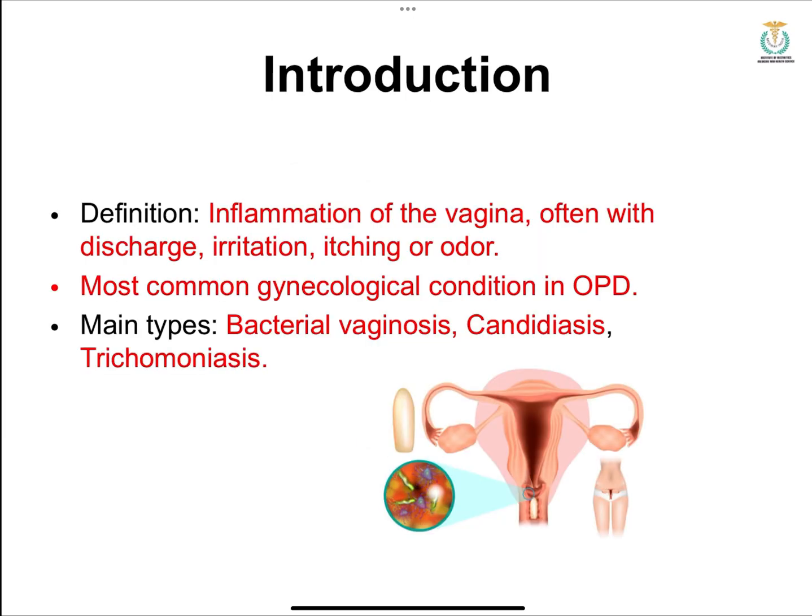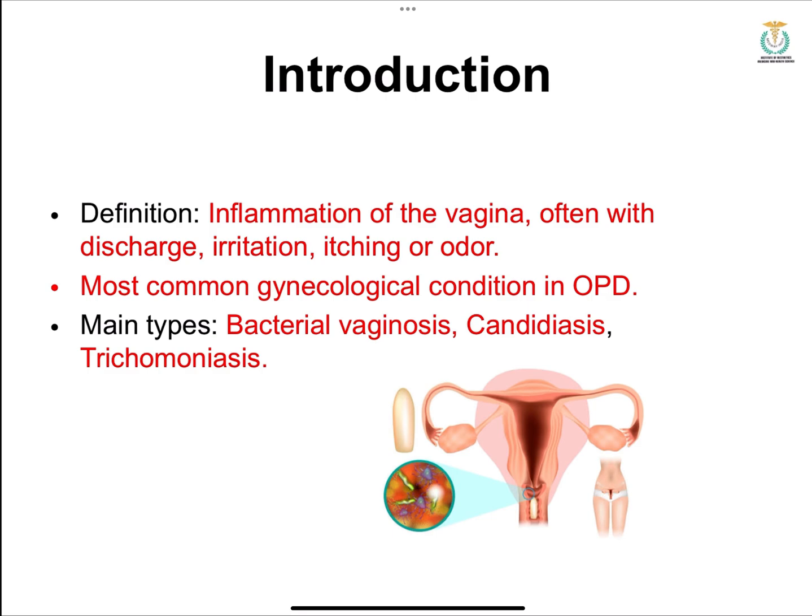So, what is vaginitis? Vaginitis means inflammation of the vagina, usually due to an infection, but sometimes due to non-infectious causes like chemical irritants or allergens. It is characterized by vaginal discharge, itching, burning, and discomfort. And always remember, every patient who comes with discharge per vaginum is not necessarily vaginitis.